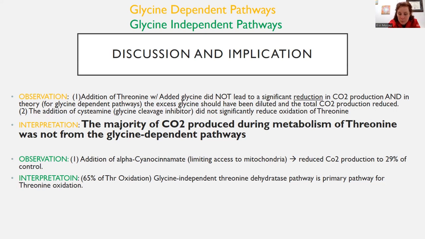We interpret that 65% of threonine oxidation is by the glycine-independent threonine dehydratase pathway, the primary pathway for threonine oxidation, which totally differs from the study saying, what was it, 87%, 89%, the high percentage from Bird, and we can go back to that study here.